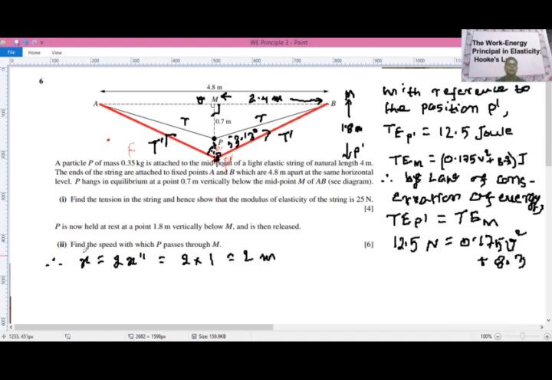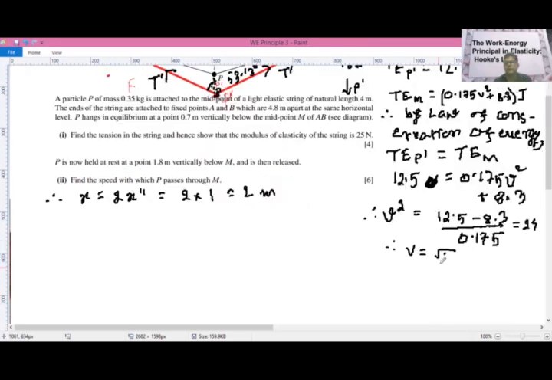It said to find the speed with which P passes through M. So by using this relation through the work energy principle, we will be able to find the velocity at this point M. Now solve it. You can write here 24. Now again go to the calculator and find the root of that answer.